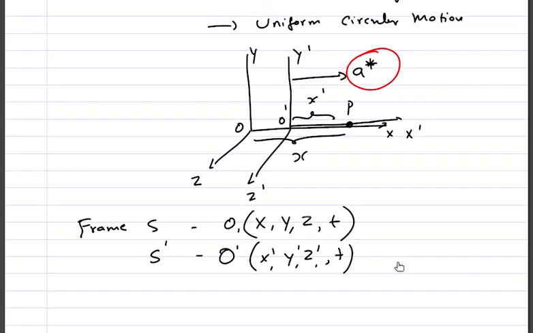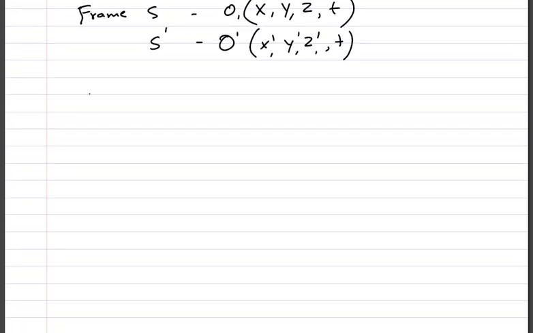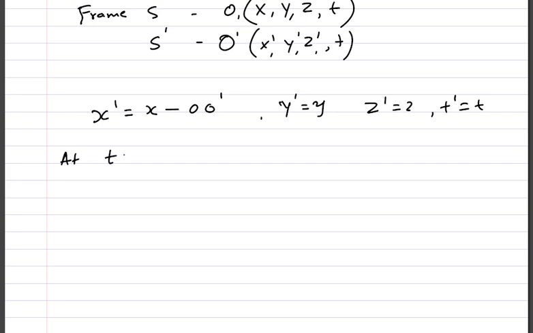From the figure you can make the constructions as before. x dash is equal to x minus o dash, y dash is equal to y, z dash is equal to z, and time invariance, so t dash is equal to t. At t equal to 0, o and o dash coincide.